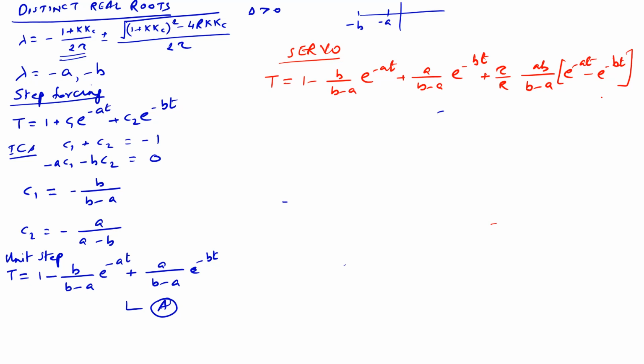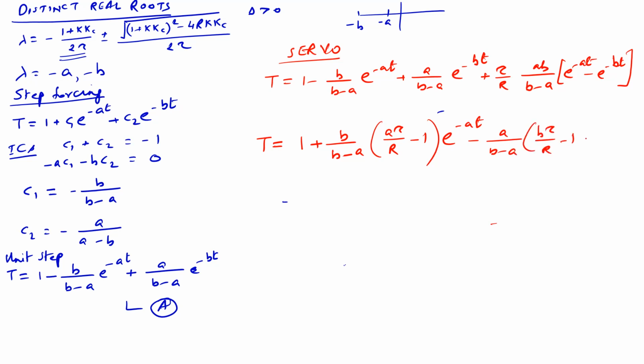And if you just take the common terms, what you should get is T equal to 1 plus b over b minus a into a tau by r minus 1 into e to the power minus at, minus a over b minus a times b tau by r minus 1 into e to the power minus bt.